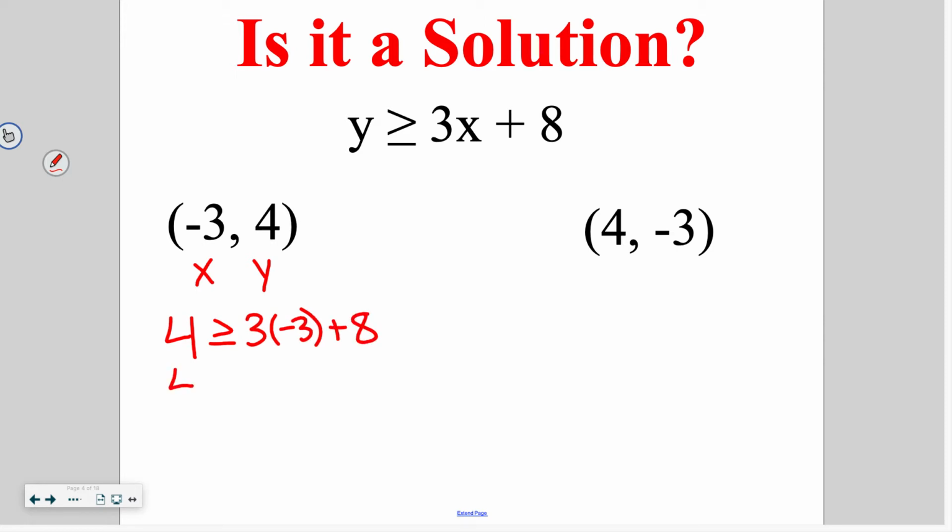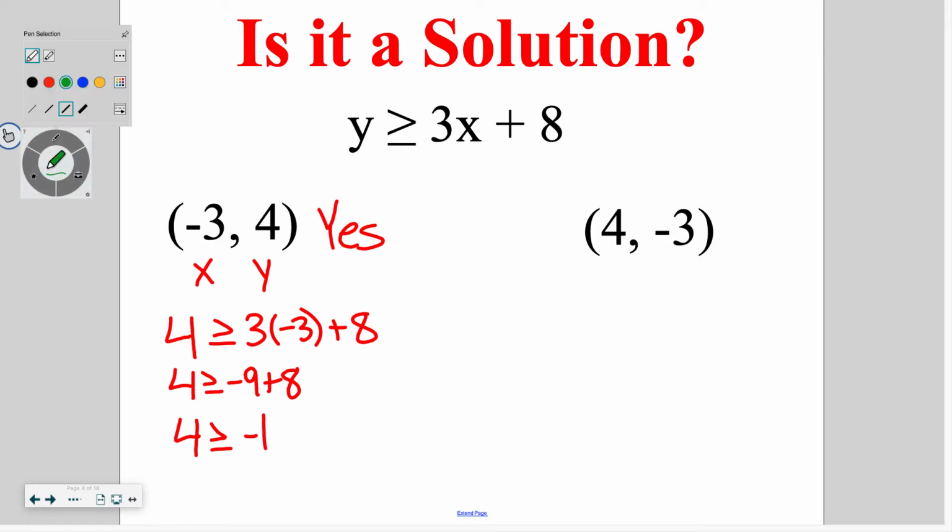When I solve that, I get 4 is greater than or equal to -9 plus 8, so 4 is greater than or equal to -1. That is a true statement, so yes, this would be a solution. It'd be part of the solution set for this particular inequality when we put it on the graph.